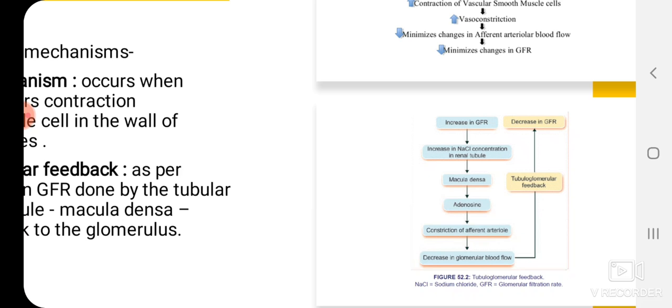By contraction of the afferent arteriole, they decrease the flow of blood into the afferent arteriole. So the glomerular blood flow is decreased by the contraction of the afferent arteriole, and this produces a feedback mechanism to decrease the glomerular filtration.